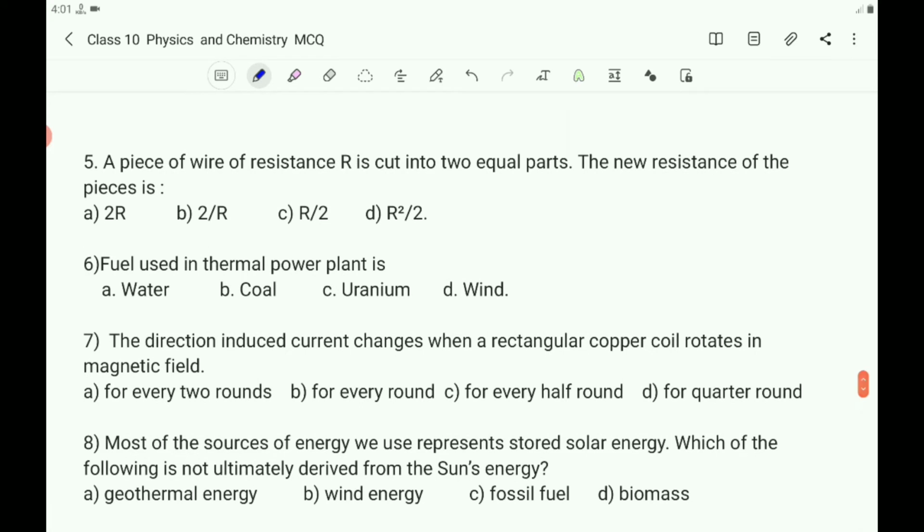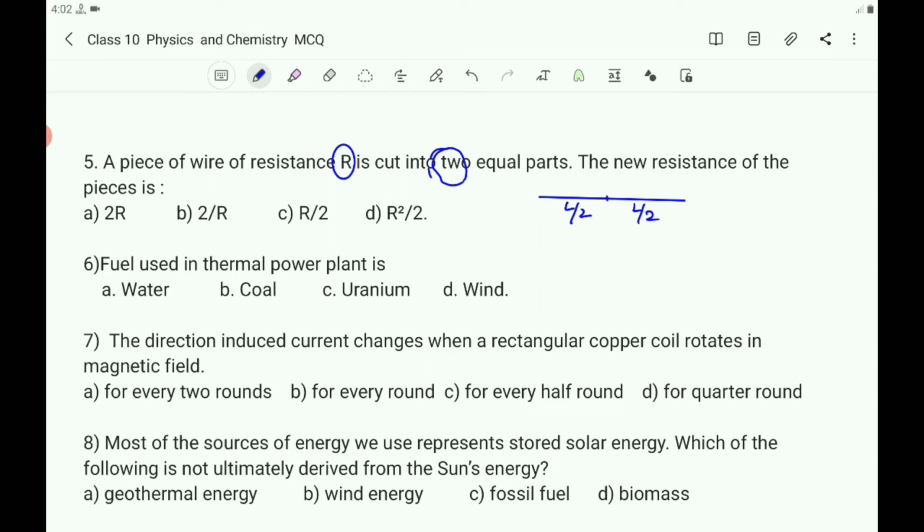Next, take the fifth question. A piece of wire of resistance R is cut into two equal parts. The new resistance of the piece of wire is asked. Consider it is a piece of wire, cut into two equal parts. Here the length L becomes L by 2. Then you know that the resistance also becomes R by 2. You know that the resistance is directly proportional to the length of the conductor.